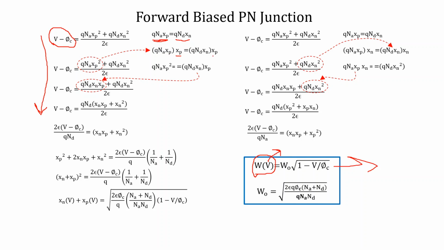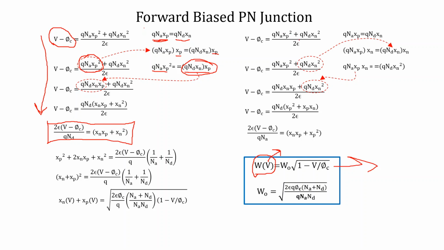This becomes q Na xp square on one side and q Nd xn xp on the other, and these two are equal. So in place of q Na xp square, we can put this. We put this here, rearrange a little bit, and arrive at this expression.